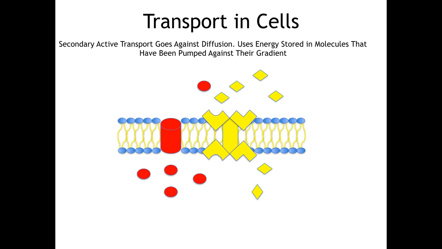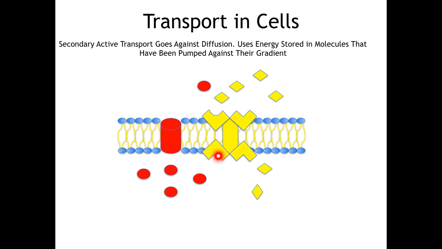So we've built up a pretty hefty concentration gradient here. You see there's 4 red dots down here. These 4 red dots really want to diffuse back across, but they can't. They can only move the one direction, the way that the active transport pump, the primary active transport, let them. But they do have another way.